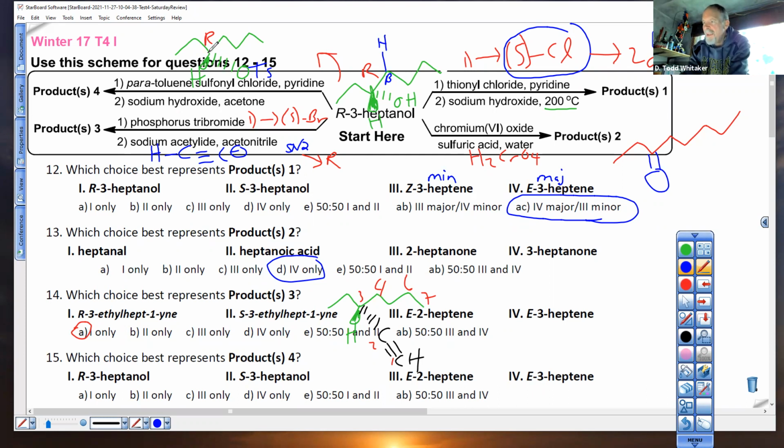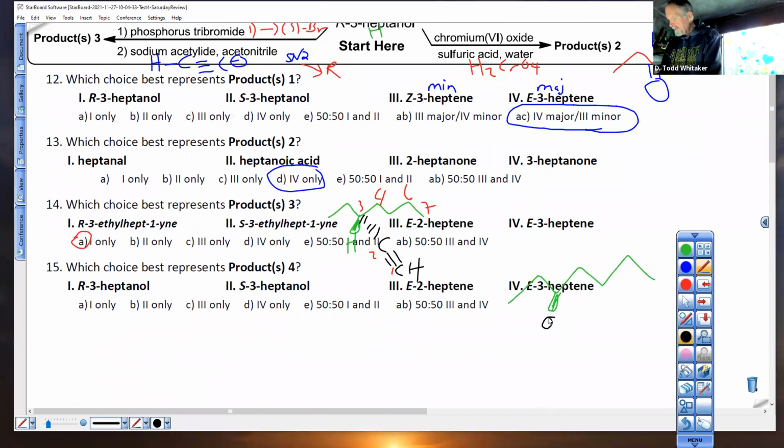So this is going to hit the backside of the R stereocenter and generate an S alcohol. I'll draw it down here. Yes, the new group is OH, and it'll be S. So the OH is on a wedge and the H is on a dash. So I want the S 3-heptanol. That's B only.